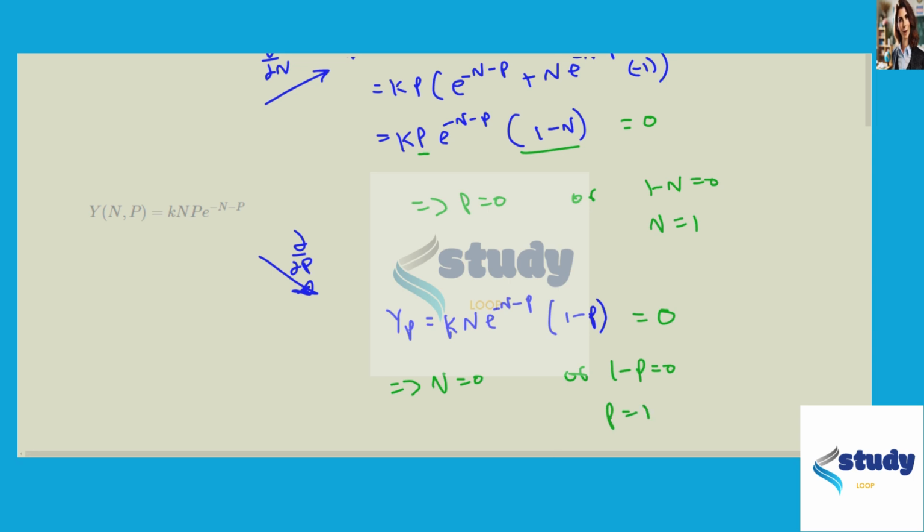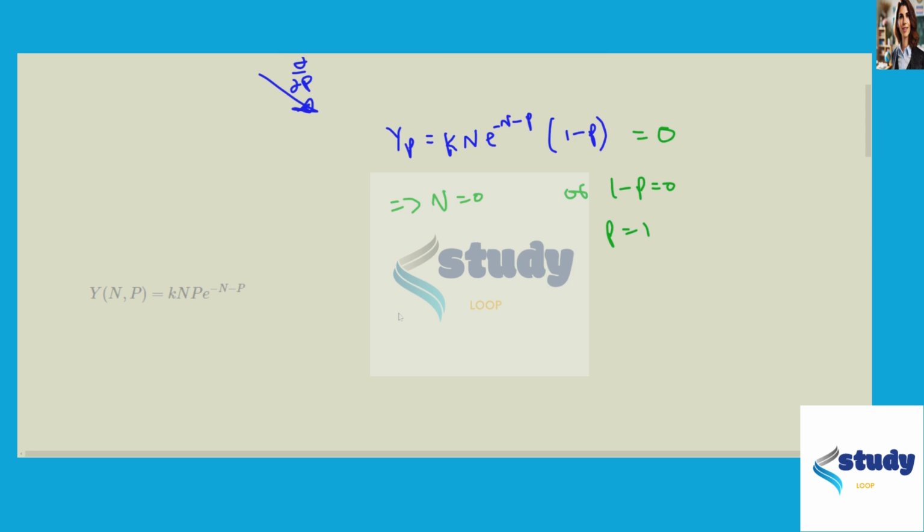Right. Now, if we're trying to find what value to maximize this, we can actually go ahead and throw a couple of these out just by looking at this. So notice that n cannot be 0, nor can p be equal to 0, because if these are equal to 0, we just get 0 for both of those.